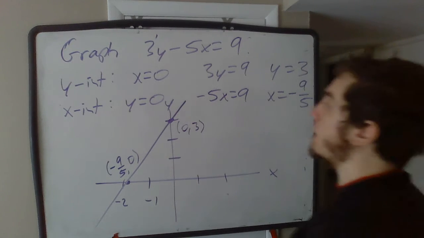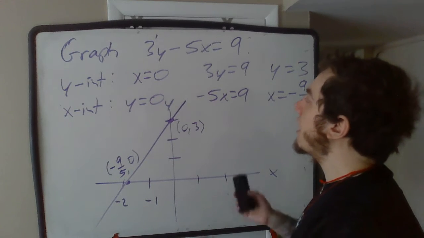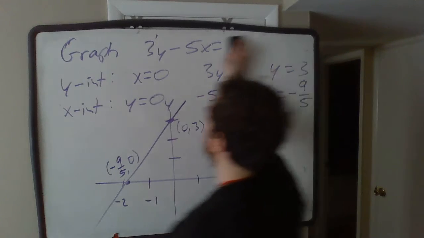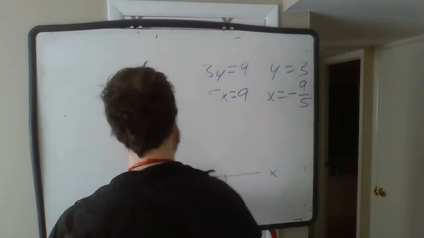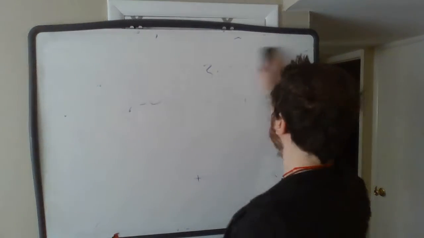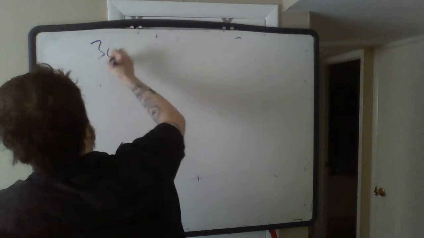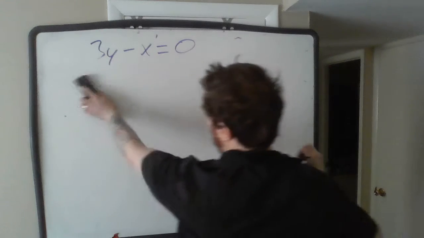So next time we're going to talk about more convenient methods, but I do want to show you just really quickly what else you could do if for some reason this method failed. Like let's say that the x-intercept and the y-intercept came out to be the same thing. So for example, let's suppose that I have 3y minus x is equal to 0.